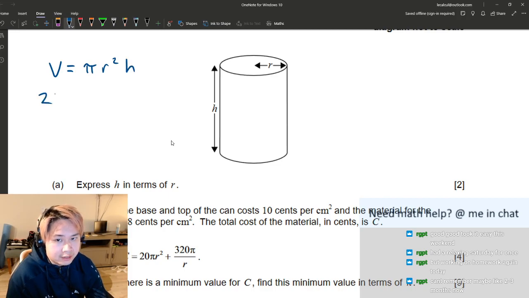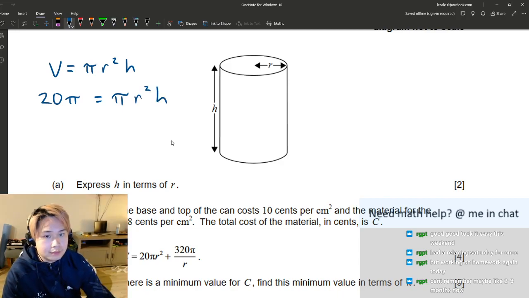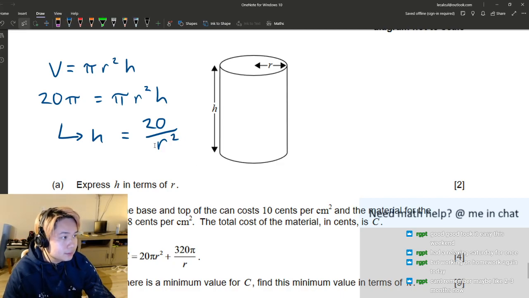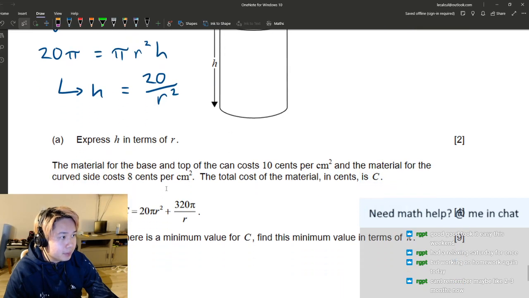And if we know that the volume is 20 pi, then we can just isolate h. So h is going to be 20 over r squared when you divide through to the other side.